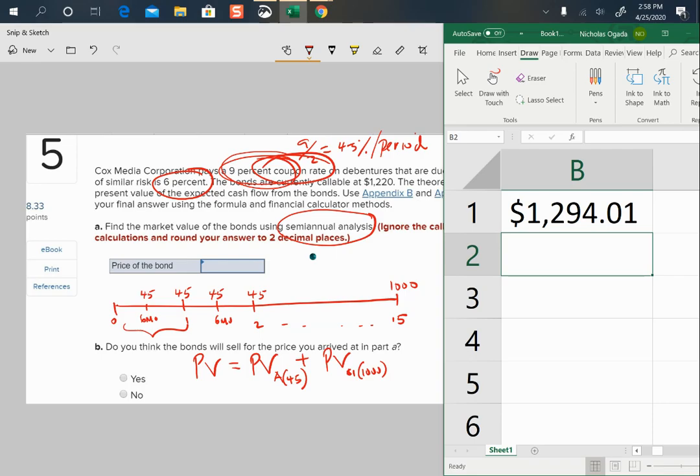Do you think these bonds will sell for 1,294? The answer is going to be no, because you could buy other bonds in the market for 1,220. So given that, if you're the borrower, you would rather take the 1,220 than the 1,294 as computed here.